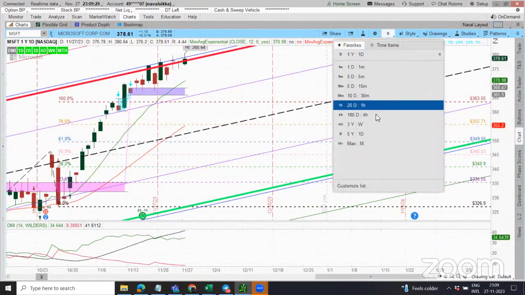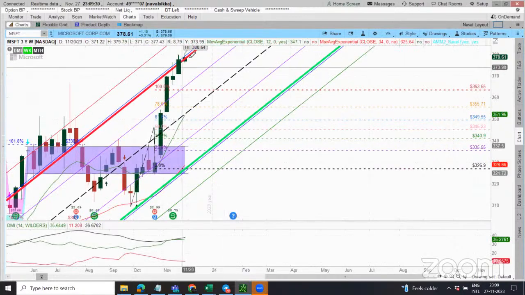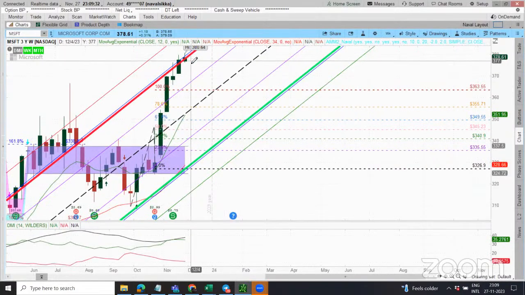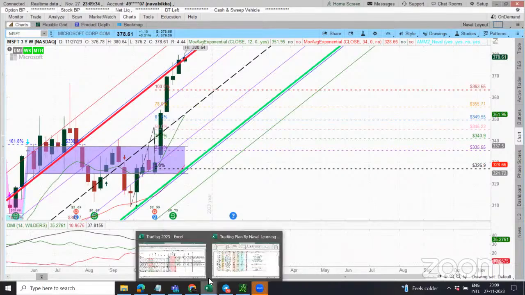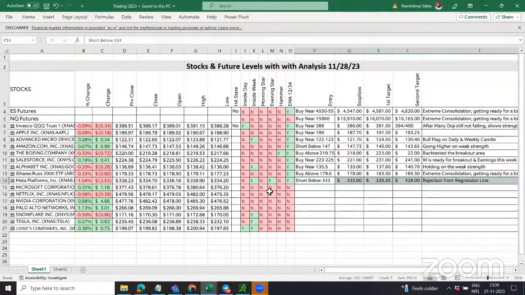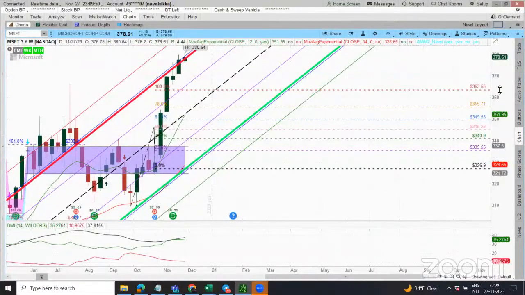And on the weekly time frame, if you look at this, it's just going and holding. So 377 is an extremely good support area for Microsoft. Target is 386.